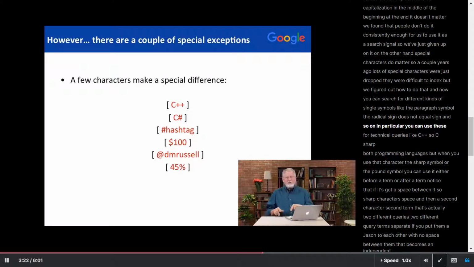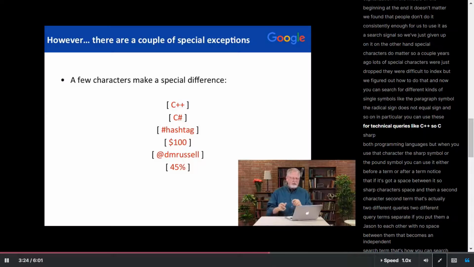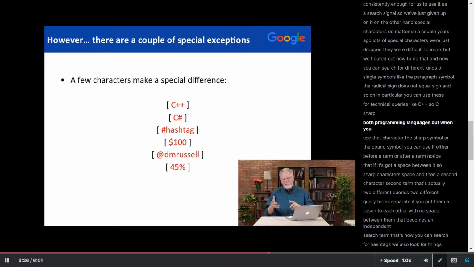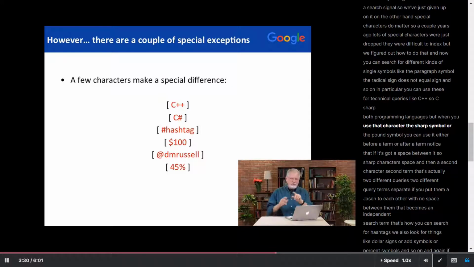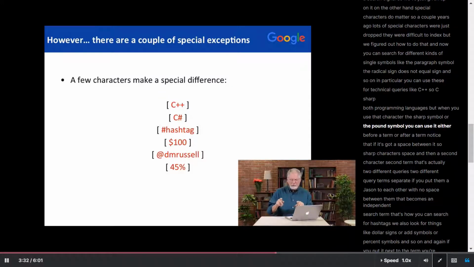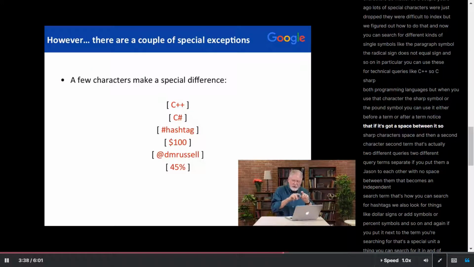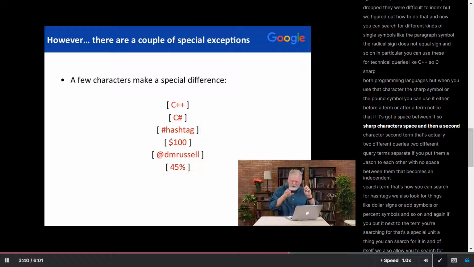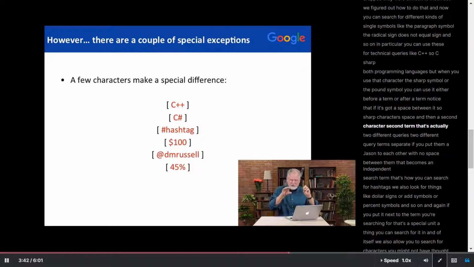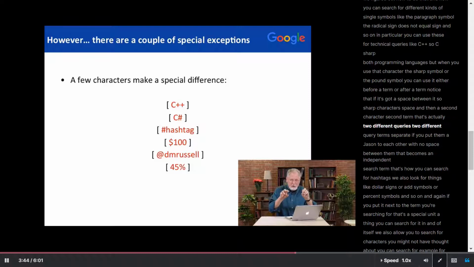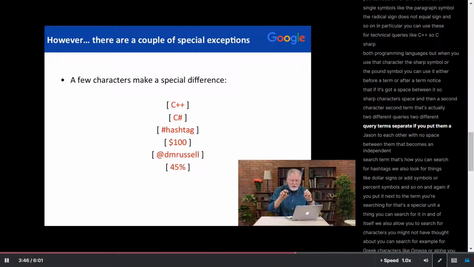In particular, you can use these for technical queries like C++ or C#, both programming languages. But when you use that character, the sharp symbol or the pound symbol, you can use it either before a term or after a term. Notice that if it's got a space between it, so sharp character, space, and then a second term, that's actually two different query terms separated.